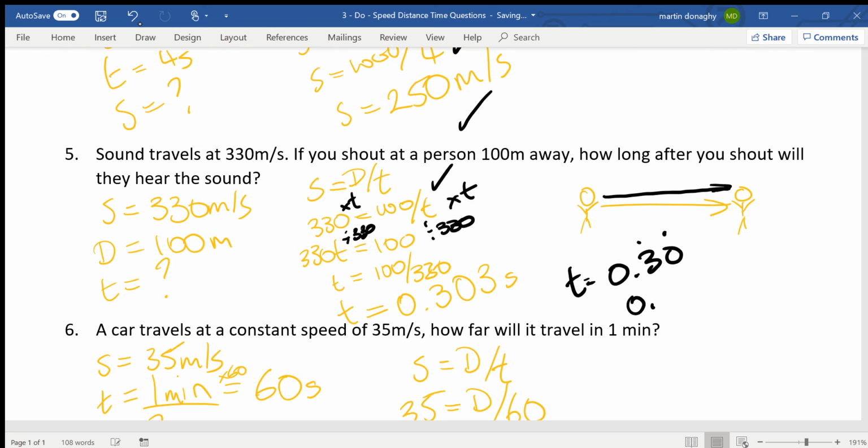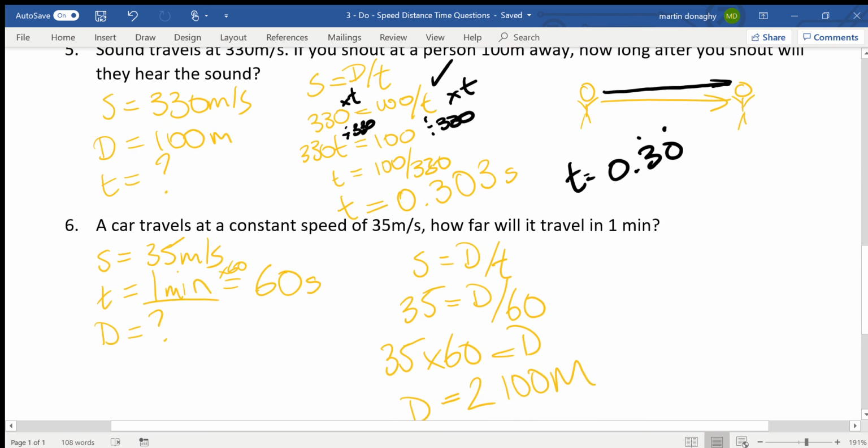That means there's a little pattern that the 3 and the 0 repeat forever. We can round it to 3 significant figures, or 2 is fine as well. So even if you put down 0.3 here, it would be accepted in an exam. That is a perceivable time delay. So even standing 100 meters apart, you will see someone's lips move before you hear the sound.